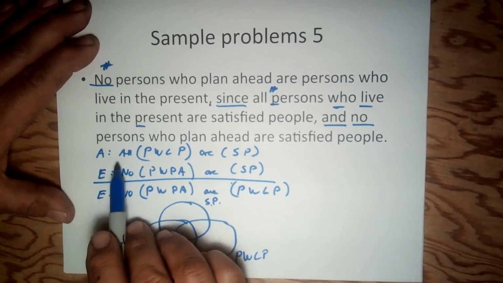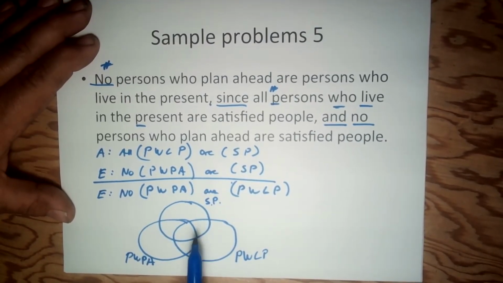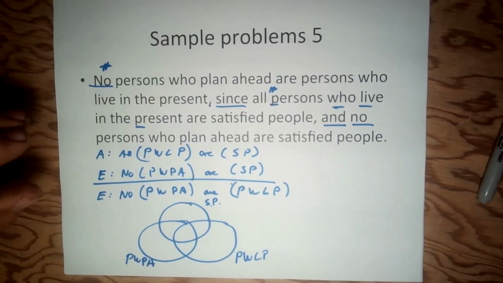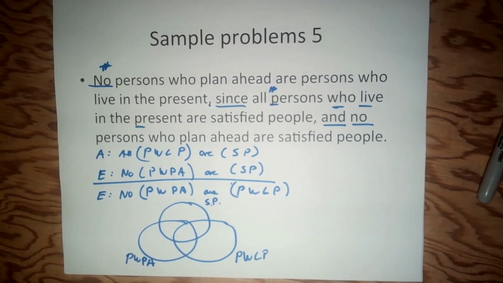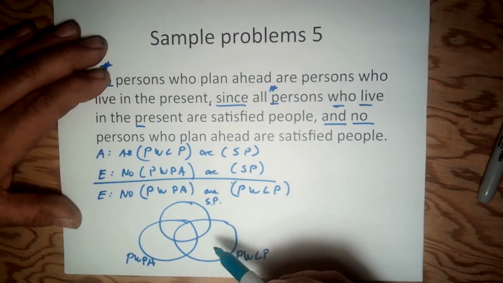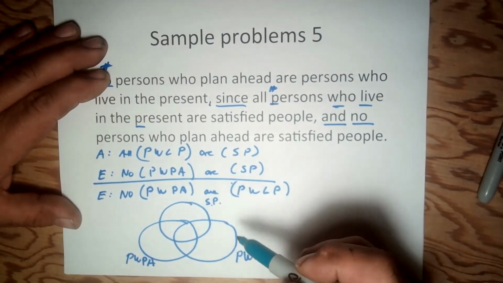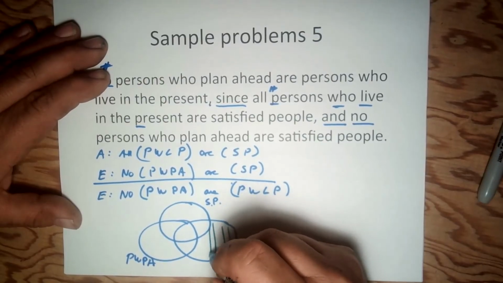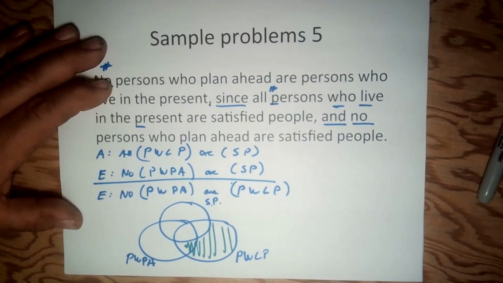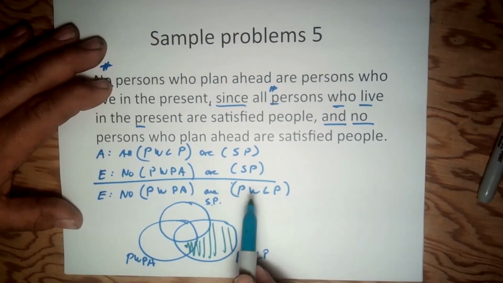So now we diagram this. All PWLP are satisfied. And since we got all these beautiful colors here, I'm going to do the shading in contrasting colors so it's just a bit more obvious. All PWLP are satisfied people, like that. And then no PWPA are satisfied people.